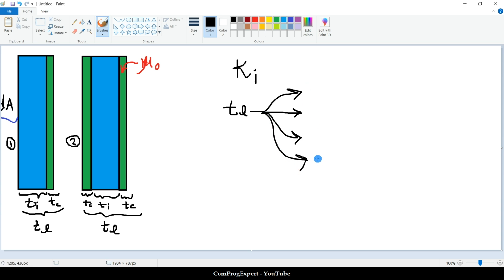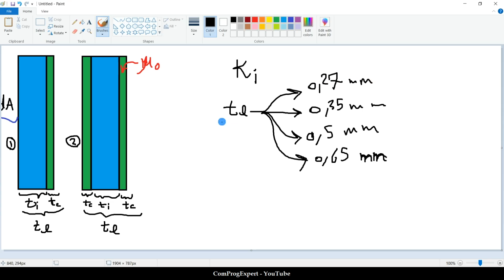We have these numbers. You can see these numbers in the data sheets: 0.65 millimeter, you can see how thin it is, or 0.5 millimeter, 0.35 millimeter, 0.27 millimeter. The thickness of the laminations that we use.